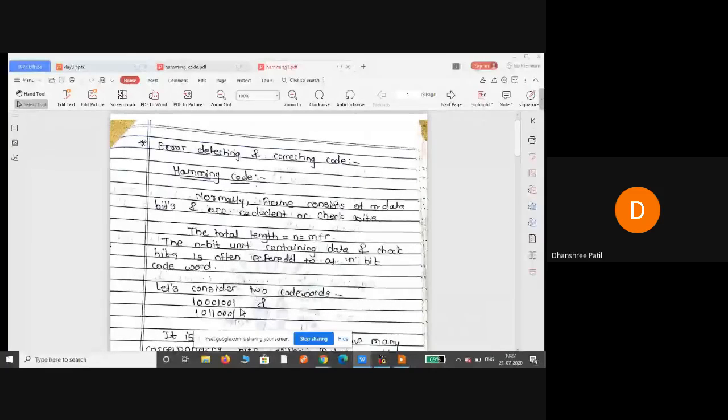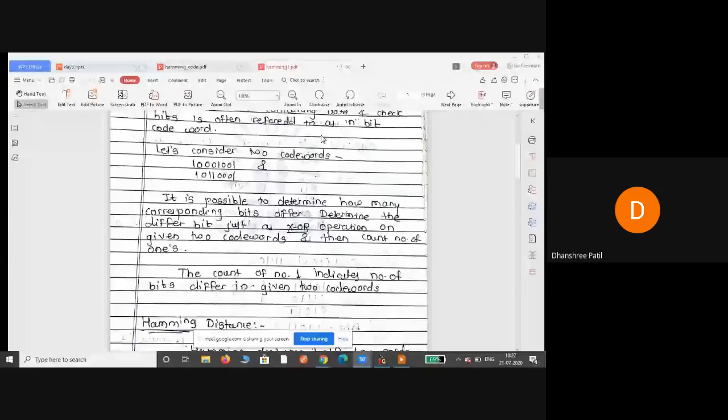Let's see an example. Let's consider two code words, 1000 and 1001, 1011. This is one example of a code word. So this will include parity bits plus your data or your frame.